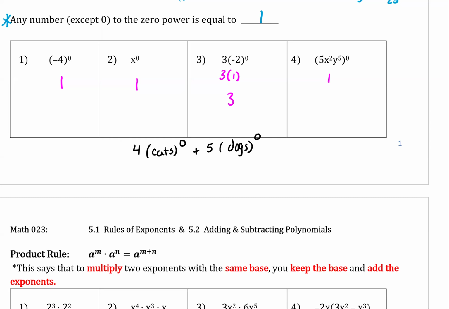Well, if you answered 9, you have it correct. This would be 4 times 1 plus 5 times 1, which is equal to 9. Just remember, although the variables spell animals, which you're familiar with, anything to the 0 power is 1. All right, moving right along.